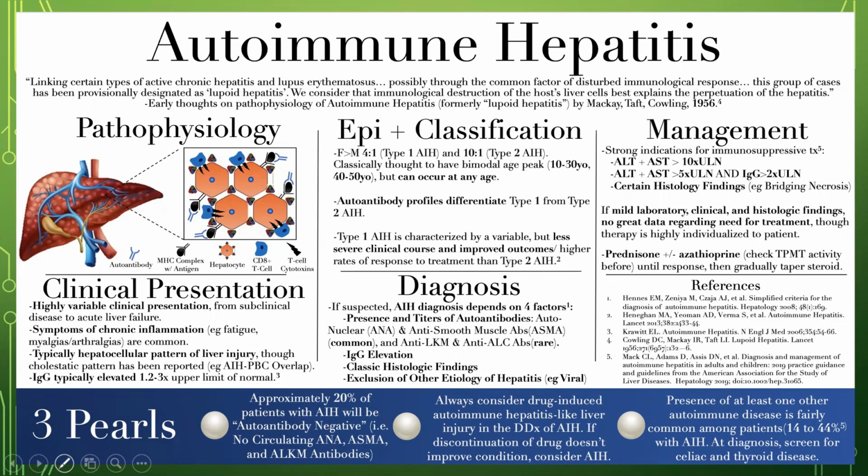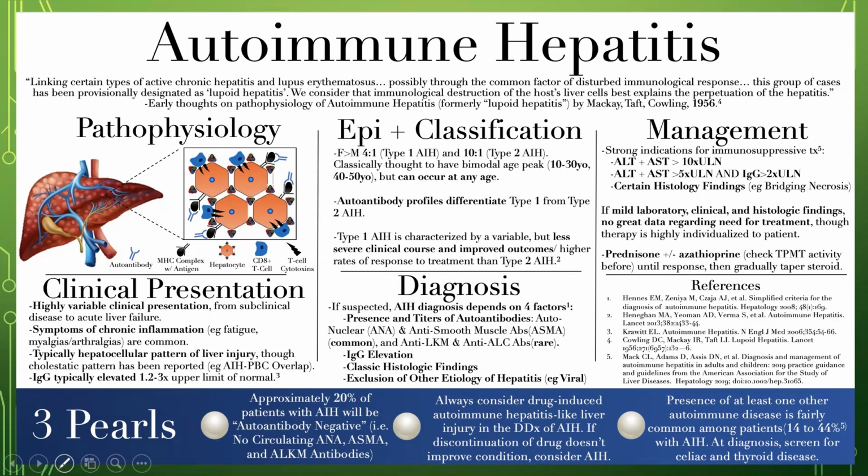A part of the physiology of this form is the appearance of autoantibodies due to immune system response changes to the liver cells, and damage of the liver cells by these antibodies, followed by inflammatory and fibrotic changes. Clinical presentation has high variability, from subclinical disease to acute liver failure.